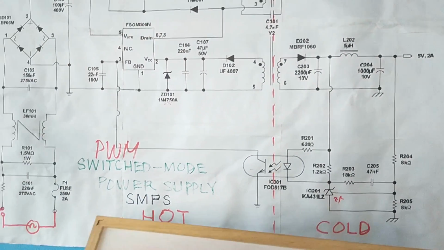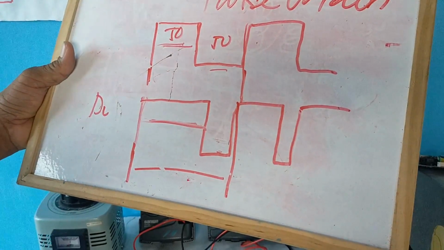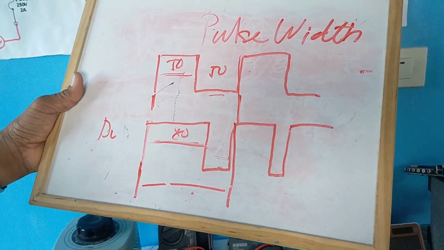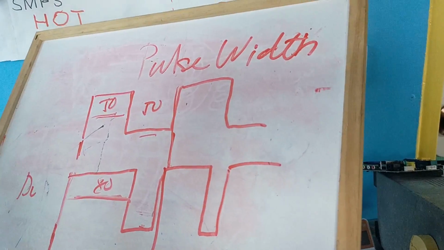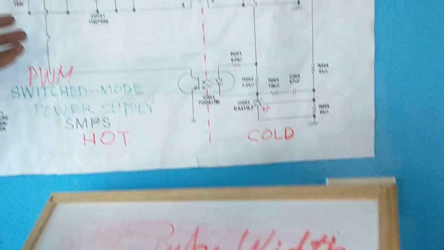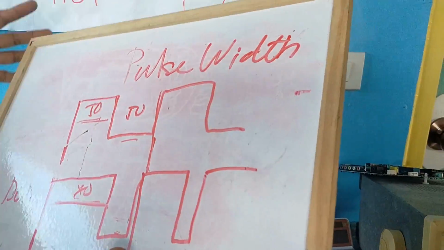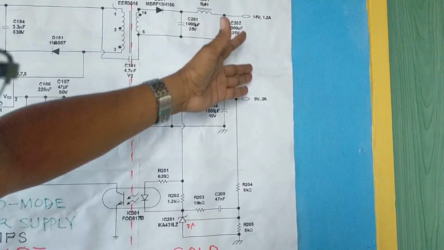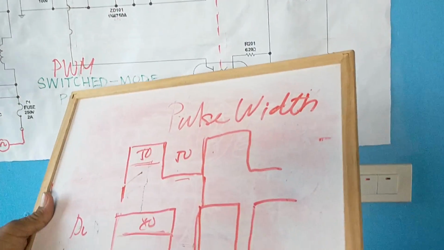So the pulse width now, or the duty cycle of the transistor, is increased. From 50% it is increased to 80%. So there's a need of doubling the operation of the transistor before it is cut off. So that increases the voltage again here. Both outputs are actually controlled by the pulse width.